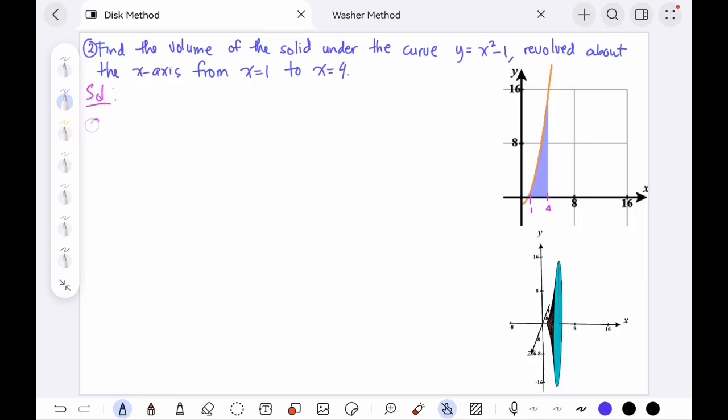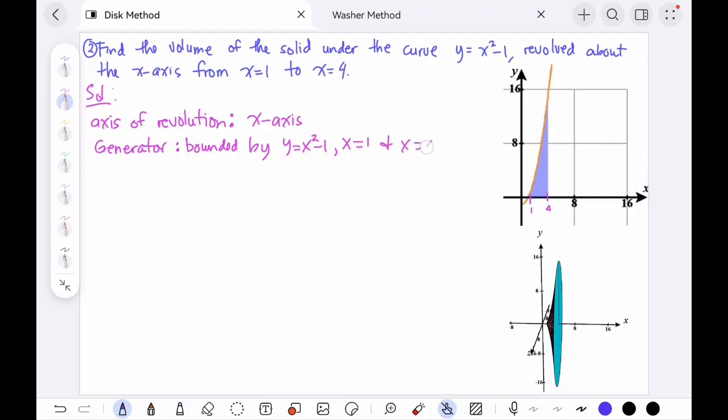The axis of revolution is the x-axis, and the generator is bounded by the curve y equal to x squared minus 1, and the lines x equal to 1 and x equal to 4.